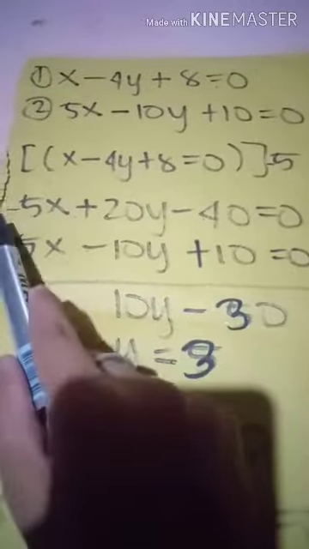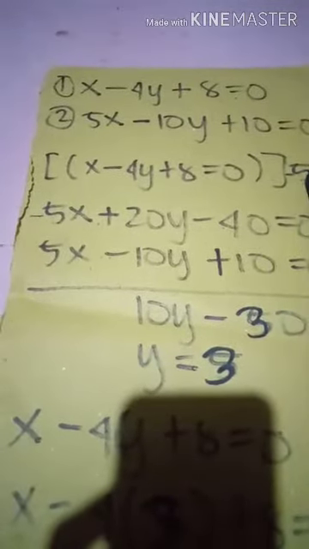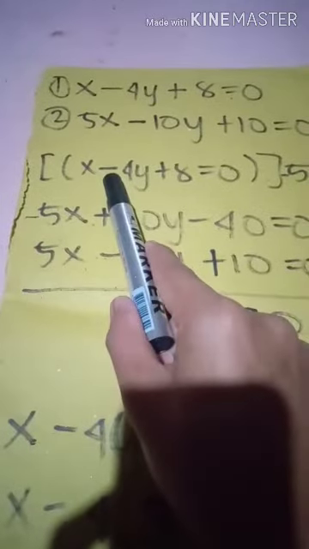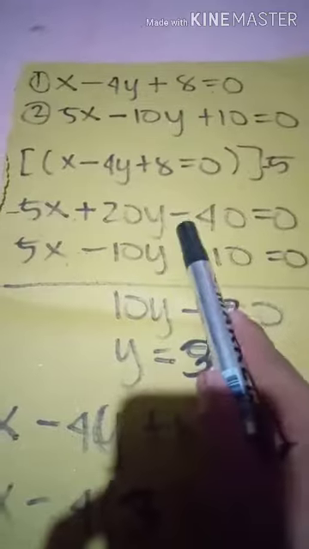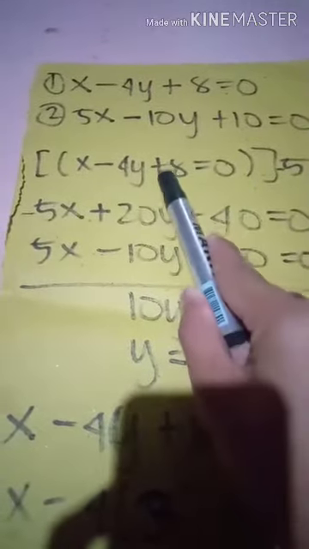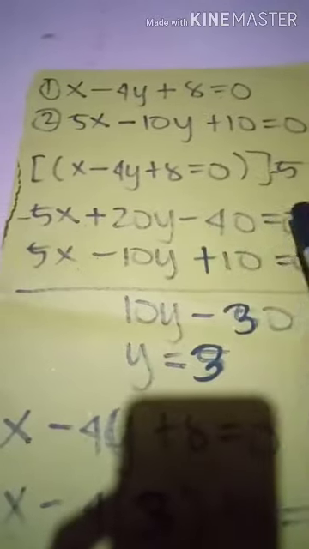It becomes negative 5x, negative 5 times negative 4y is positive 20y, and negative 5 times positive 8 is negative 40, equals 0.